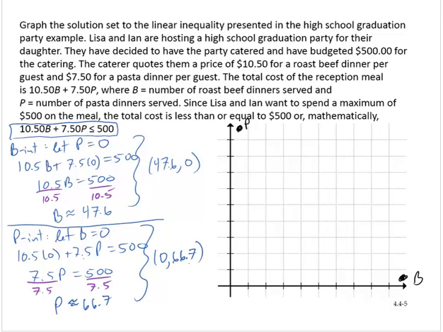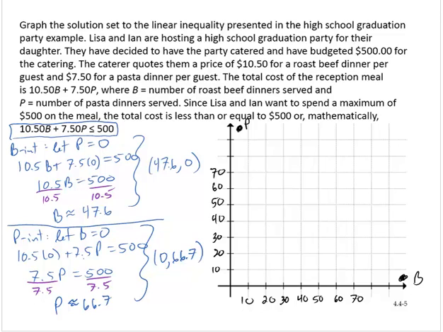So then, understanding that, I'm going to use now a scale of 10 on each axis. And I will plot the intercepts.